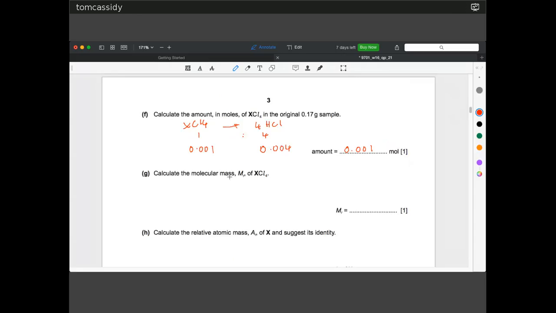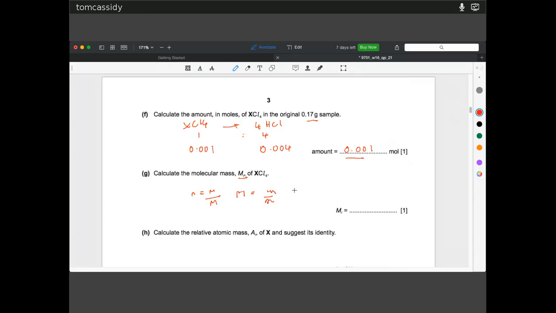And then because we now know a mass and we know an amount, we should be able to work out the molar mass and the molecular mass. So you need to know that the amount is the mass divided by the molar mass. Rearrange that so the molar mass is the subject: the mass divided by the amount.